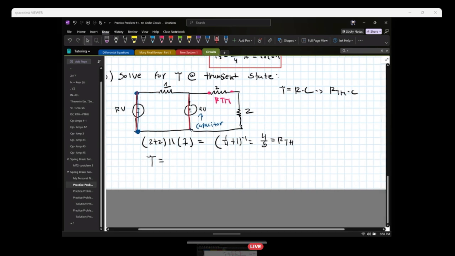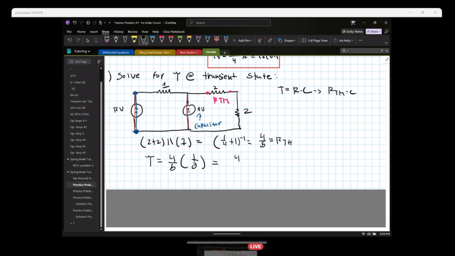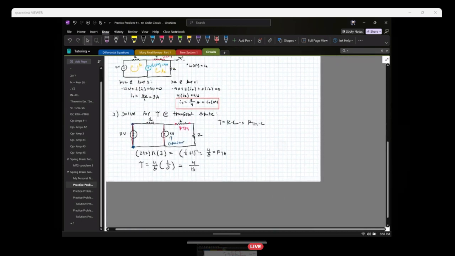So tau would equal 4/5 times the capacitance, which is 1/3. So you get 4/15. Now for the final part.